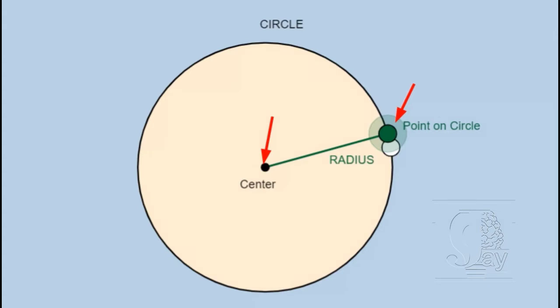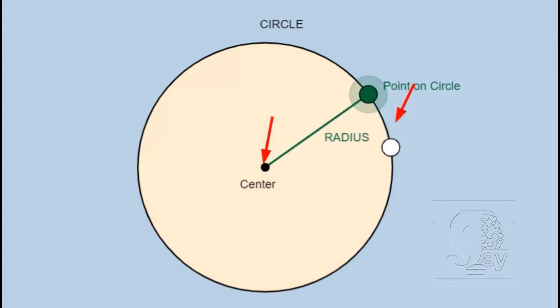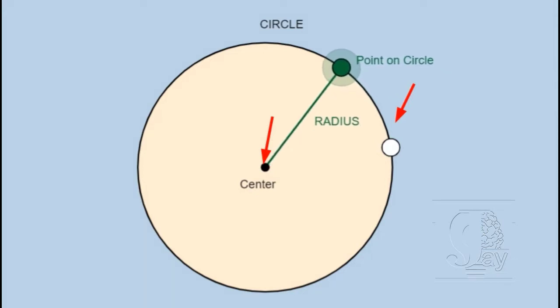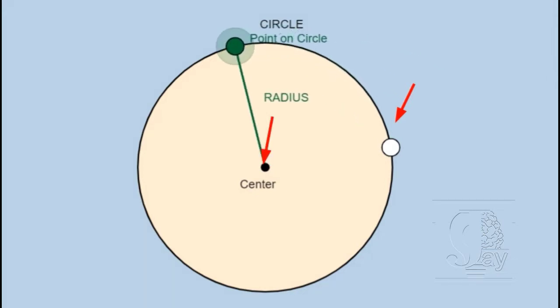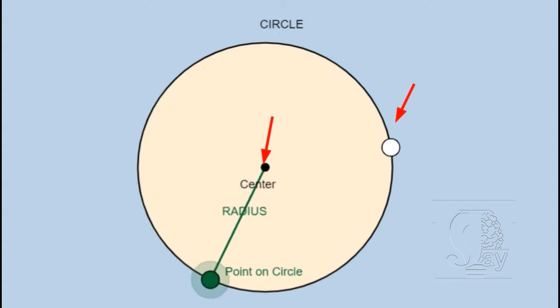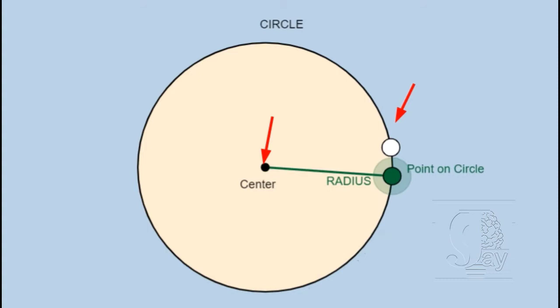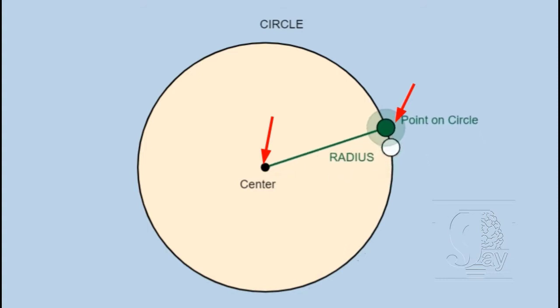Now, as the moving point moves along a particular path, maintaining a constant distance from the fixed point, the path traced by this moving point around that fixed point is known as a circle. The fixed point is known as center, and the path traced by the moving point is called the circle, and the fixed distance from the fixed point is known as the radius of the circle.